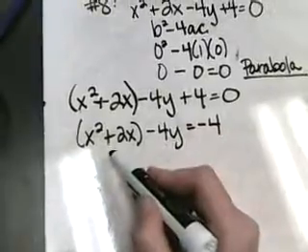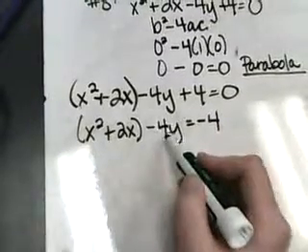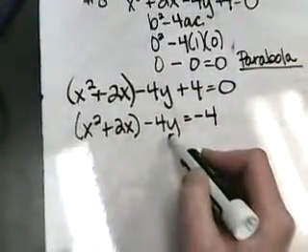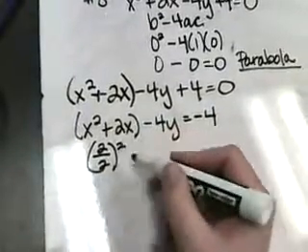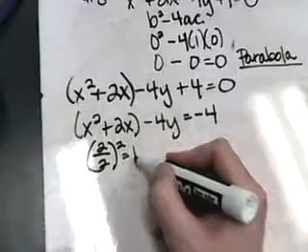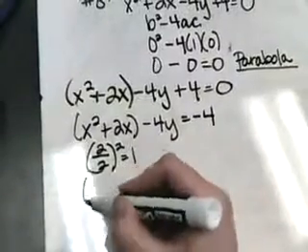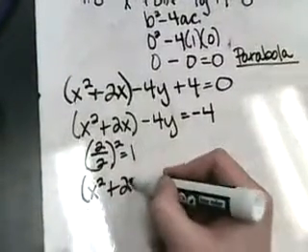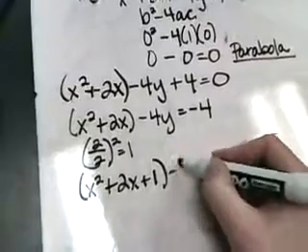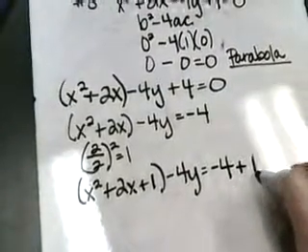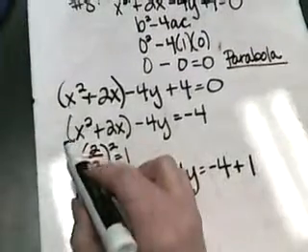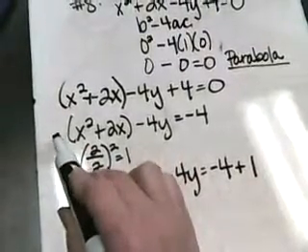Remember, we're only completing the square for this guy, so I don't have to worry about him since he didn't have a y squared. So I only have to do 2 divided by 2 squared. That's 1. So I'm going to add that to this guy. And then I've got to add it to the right-hand side too. Notice I didn't have to multiply him by anything because I didn't take anything out this time.